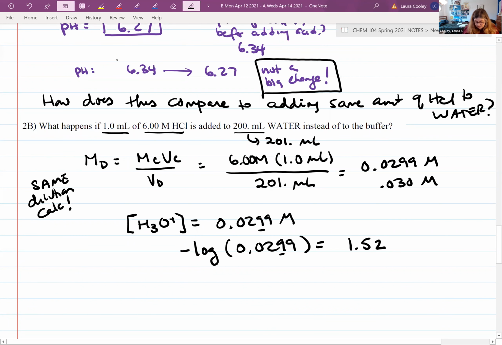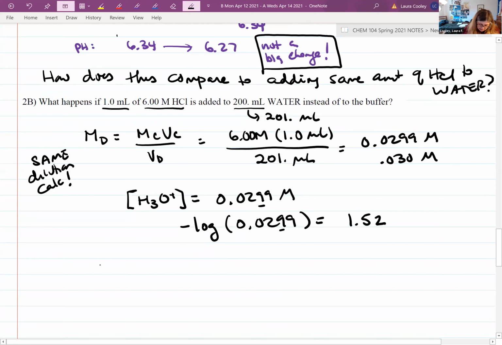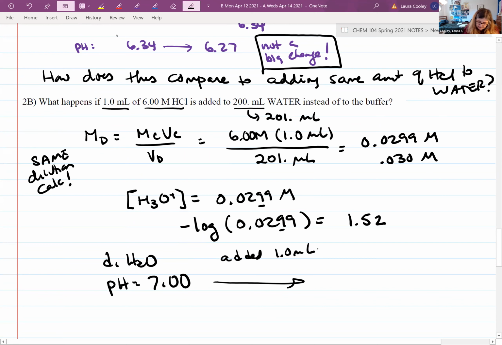So what does that mean now? It means that if I had distilled water with a pH of 7, and I added the 1 milliliter of 6 molar HCl to 200 milliliters of it, the pH will go from 7, because distilled water has a pH of 7, to 1.52.